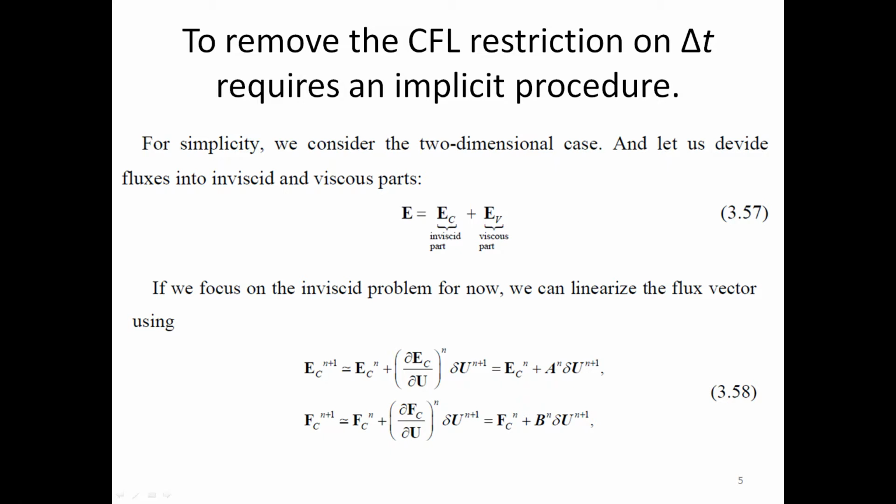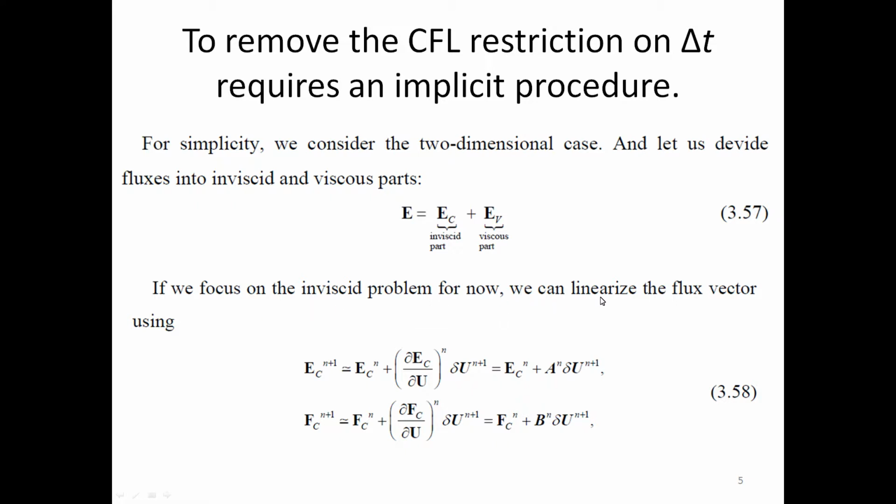For simplicity, we consider the two-dimensional case, and let's divide fluxes into two parts: inviscid and viscous part. They are denoted by index capital C and capital V. At first we will focus on the inviscid problem.